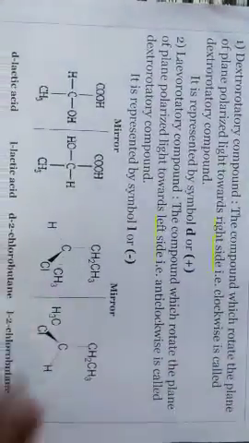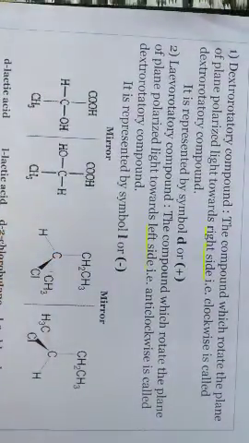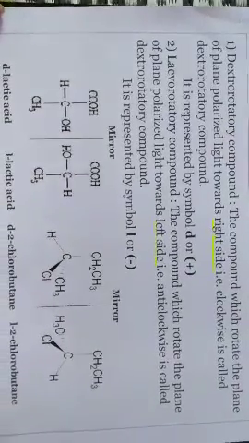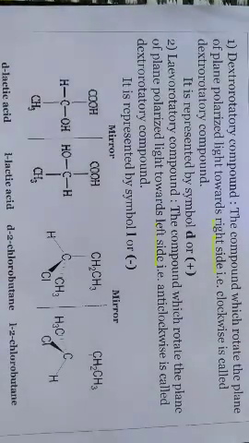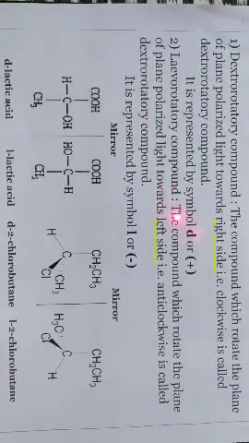Let's see now the two terms, dextrorotatory compounds and levorotatory compounds. Dextrorotatory compound: the compound which rotates the plane of plane polarized light towards the right side, that is the clockwise direction, is called a dextrorotatory compound and it is represented by the symbol D or plus.